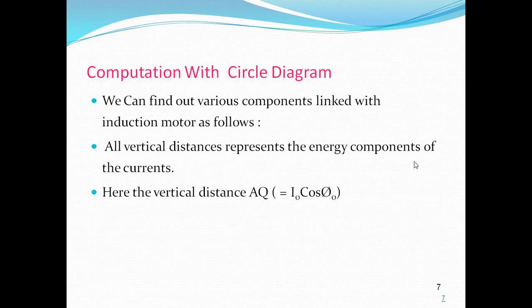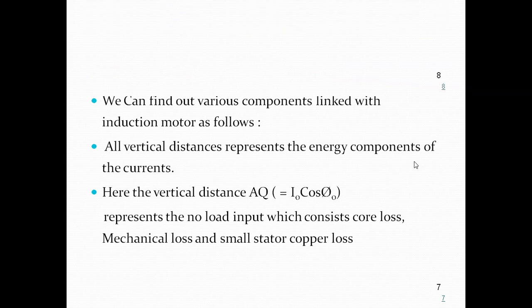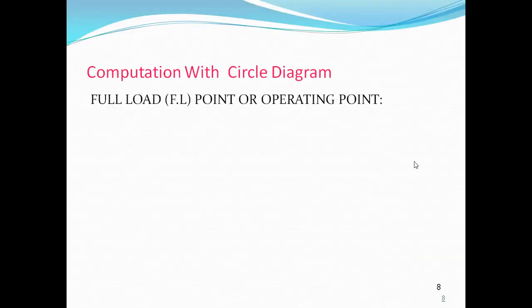Here the vertical distance AQ is equal to I naught cos phi naught, which represents the no load input, which consists of core loss, mechanical loss and small stator copper losses.